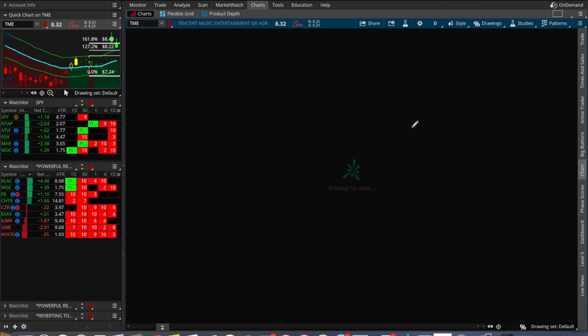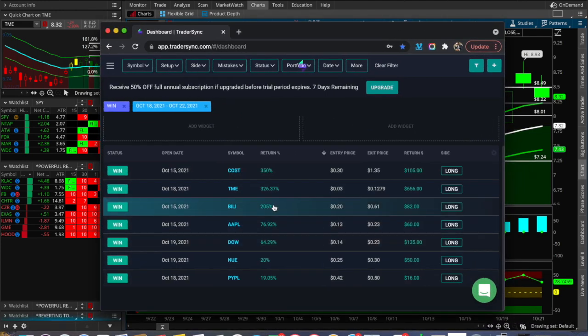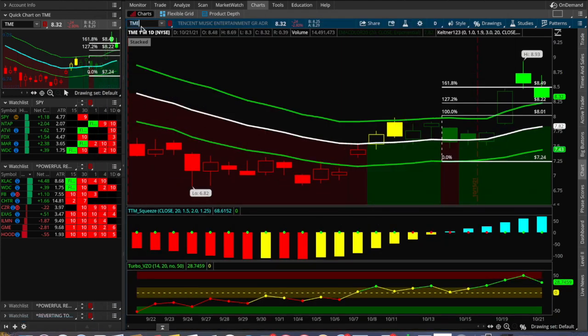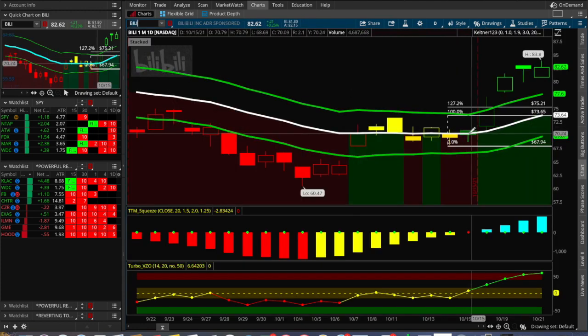Go back out to my daily. All right, that was 300%. BILI, that was a 200% move. BILI, boom, sitting on the ATR line, the average range line. It popped out, went all the way up here, but guess what?